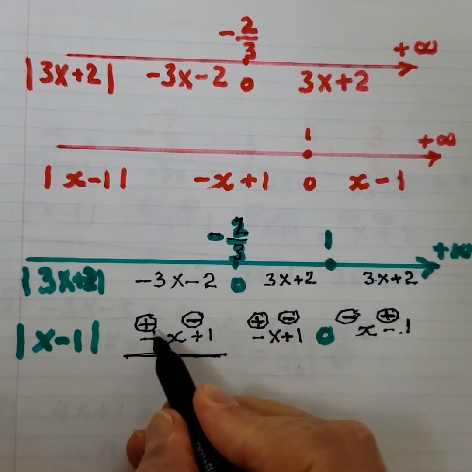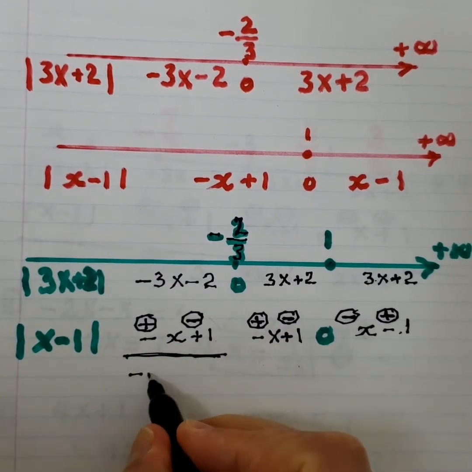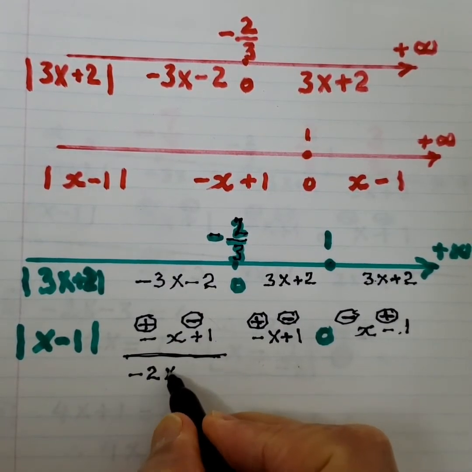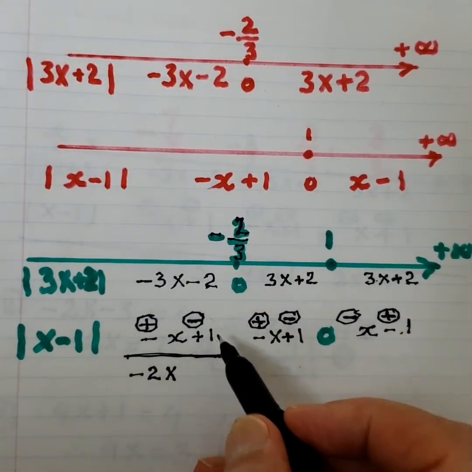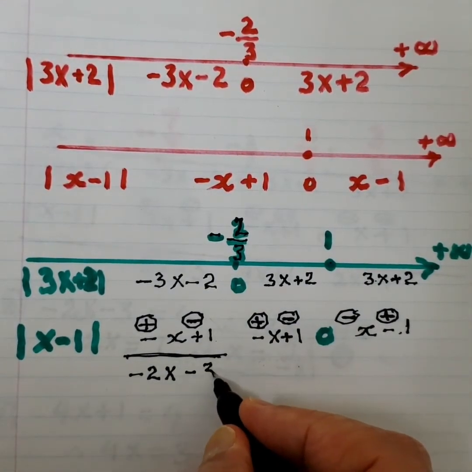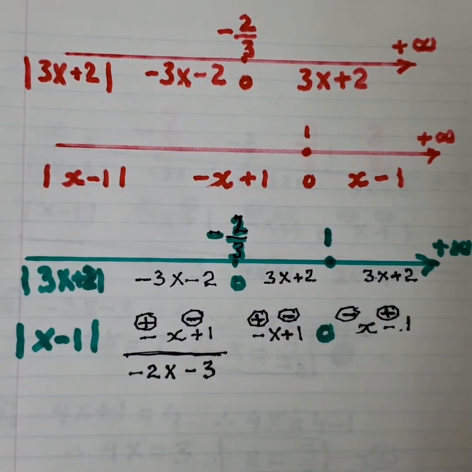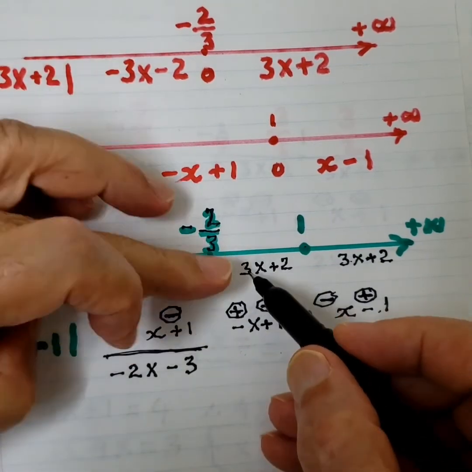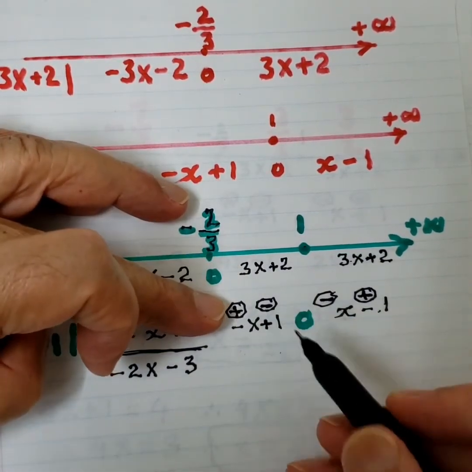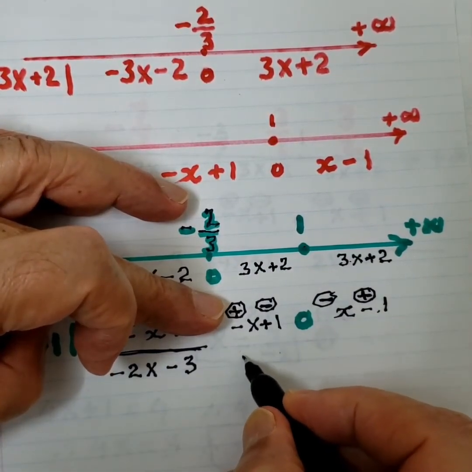Minus 3x plus x, that means minus 2x. Minus 2 minus 1, that means minus 3. And for those, 3x plus x, that means 4x.